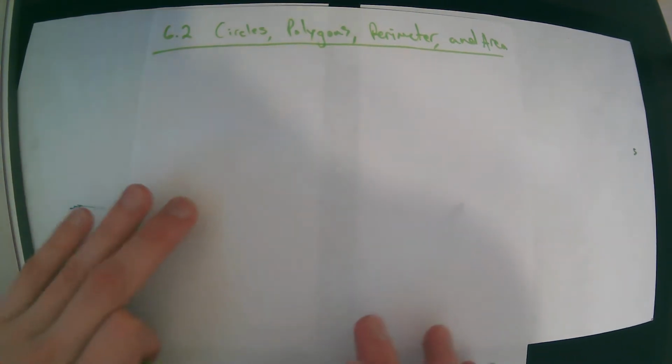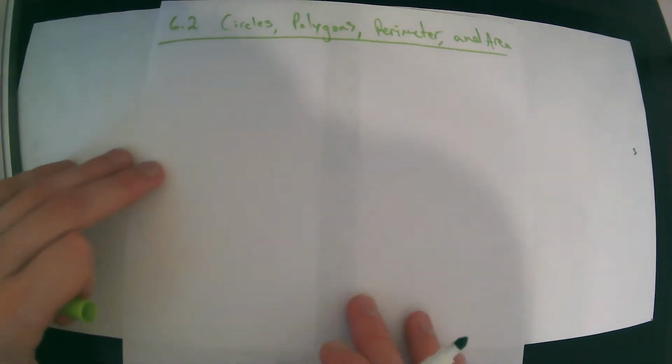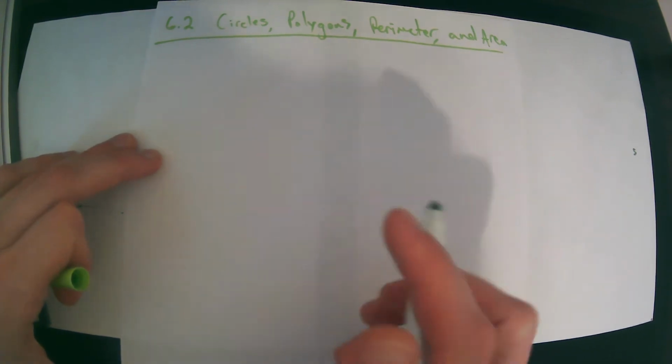First of all, a circle is not a polygon. So that's the first thing to take away from this table on page 263. A circle is the set of all points. All these shapes are in a plane, okay? A circle is a set of all points in a plane that are a certain distance from a fixed center point.